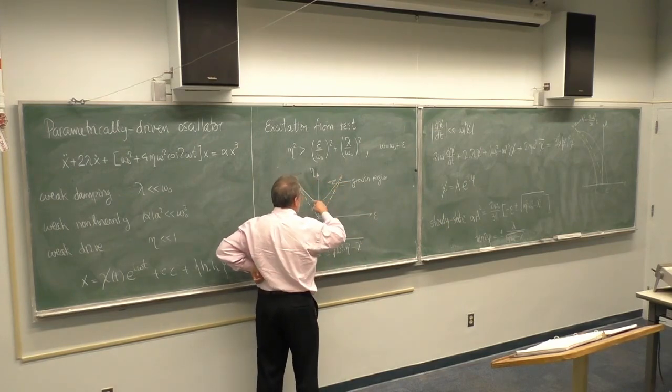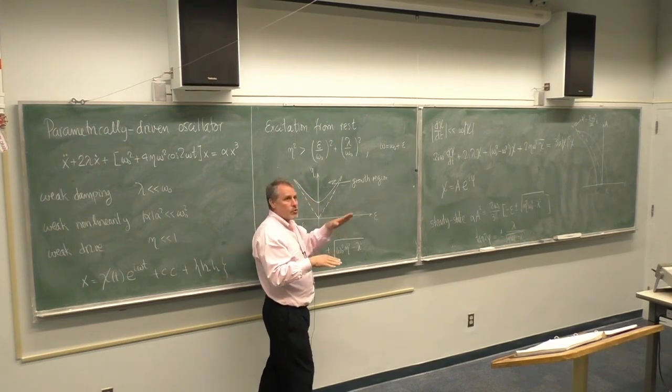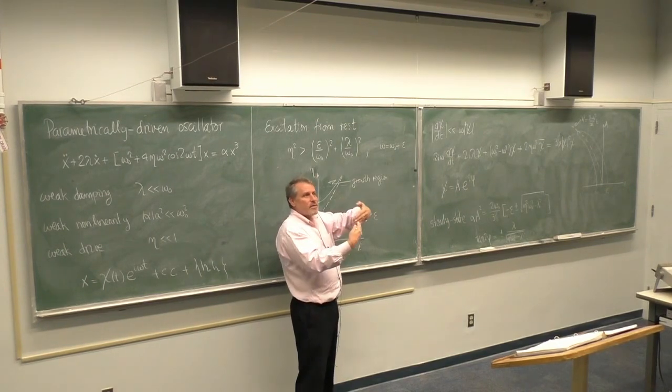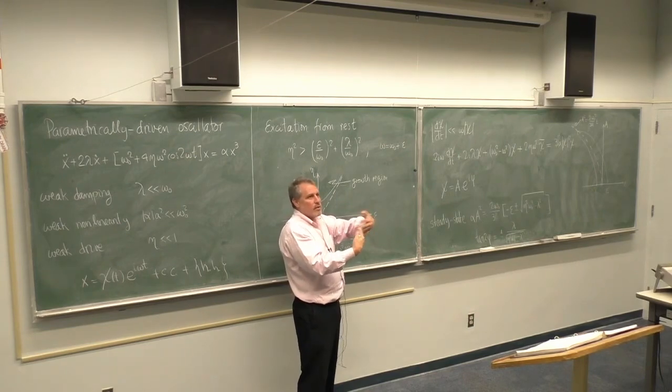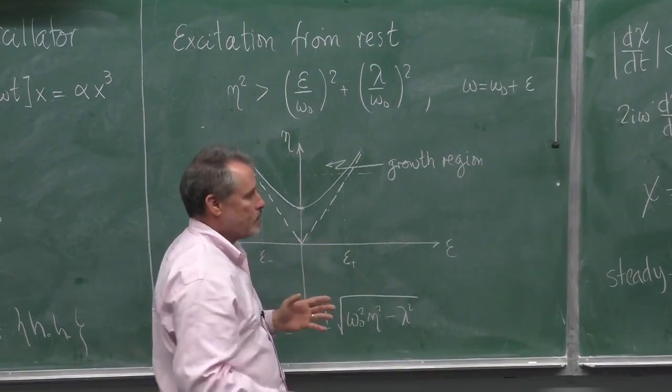All along this curve, I can get steady state solutions. Also, in the linear case, the steady state solution is dA/dt equals 0. But in the linear case, they can only be met here.